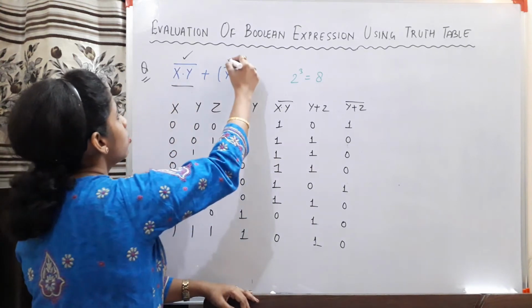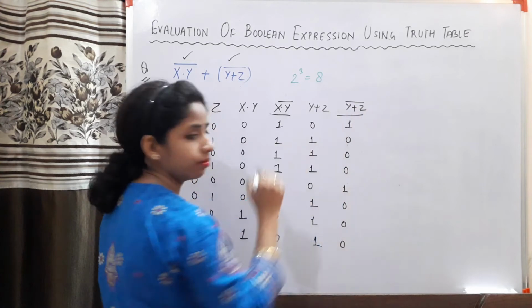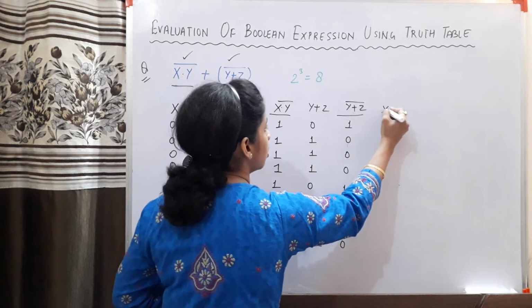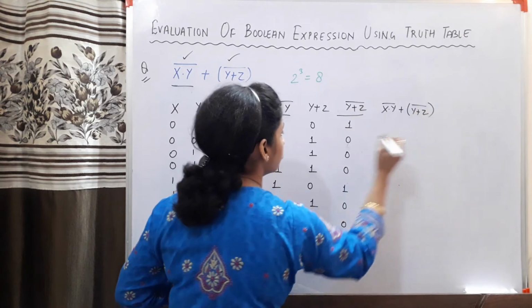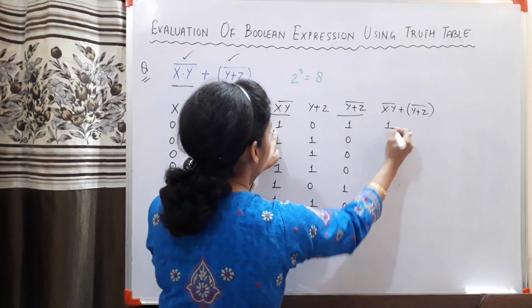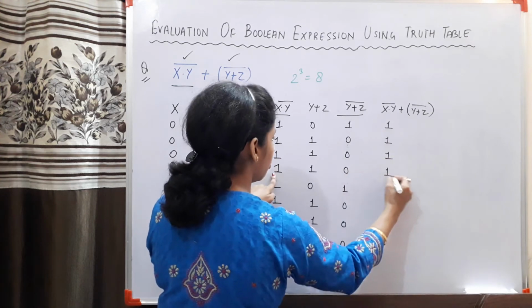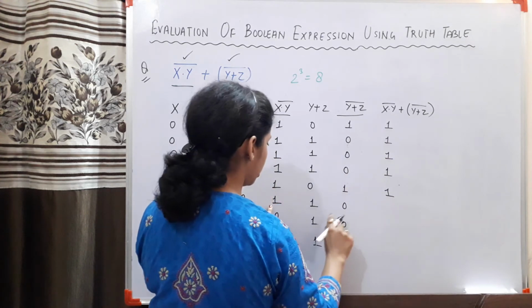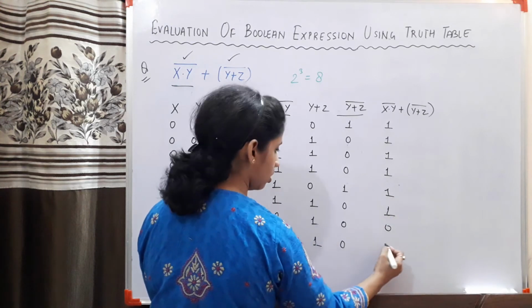So you have found these two terms. Now you have to OR this column and this column. OR it. Answer will be 1, then again 1, 1, 1, 1, 1, 0, 0.